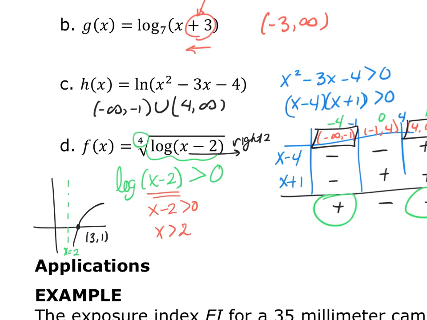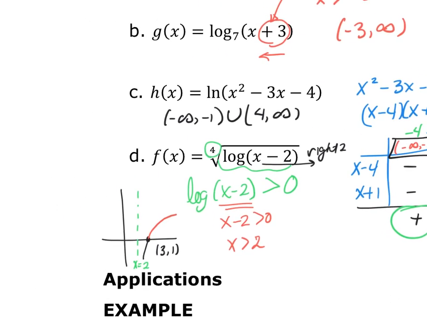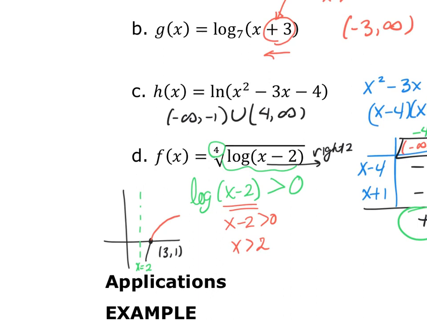That means the only part of my graph of the log is this part right here. That's the only part I get. So my domain for f of x is going to be from 3 to infinity.